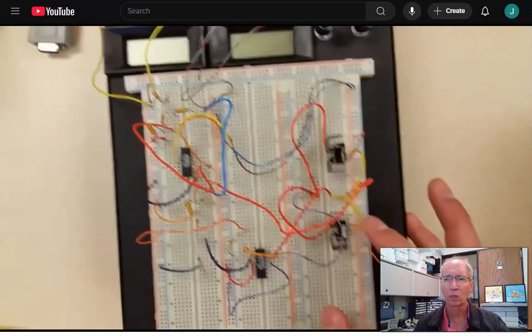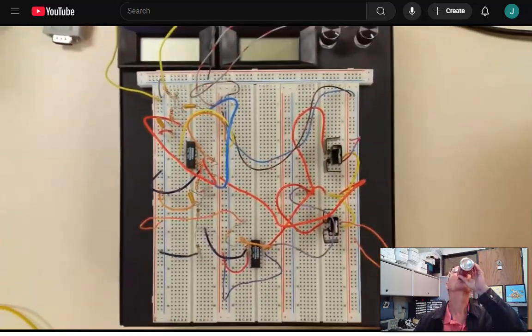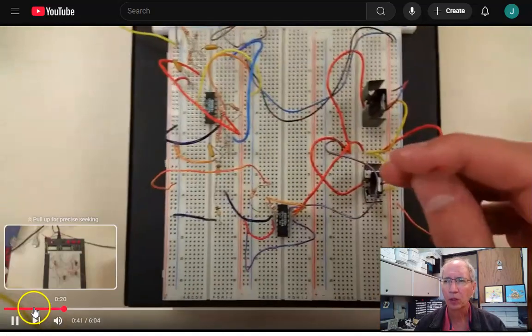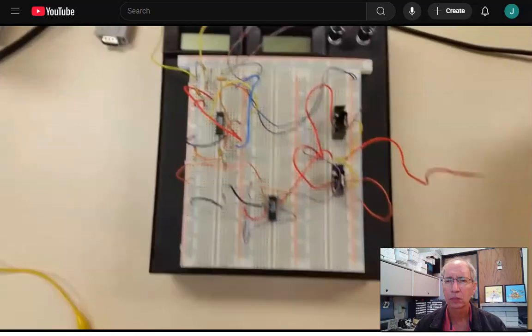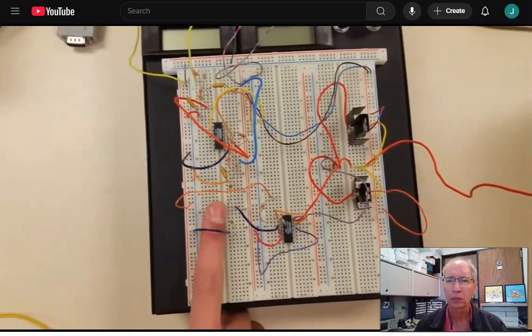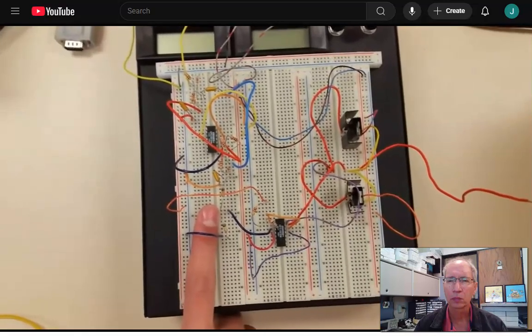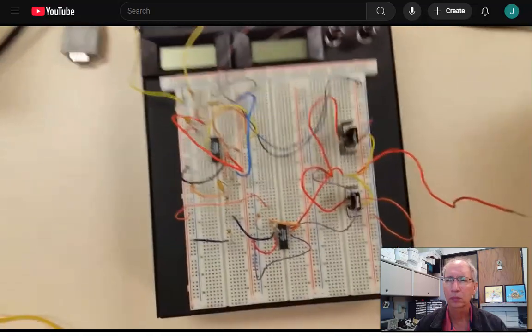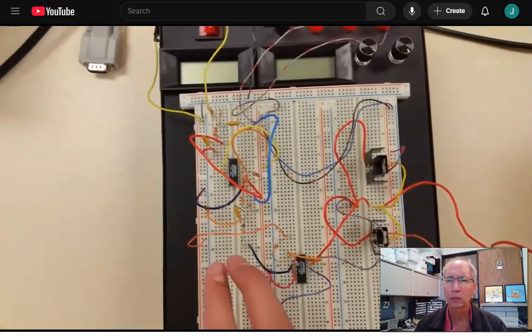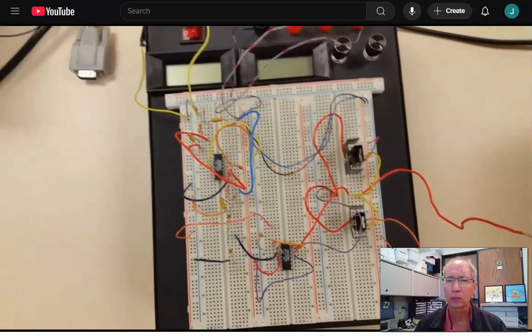And this is a push-pull amplifier to provide enough current to power the speaker. The output comes out right here. So how this works is this is a third order Butterworth. The gain is less than 0.1 for frequencies higher than 300 Hertz, and the gain is greater than 0.9 for frequencies less than 100 Hertz.